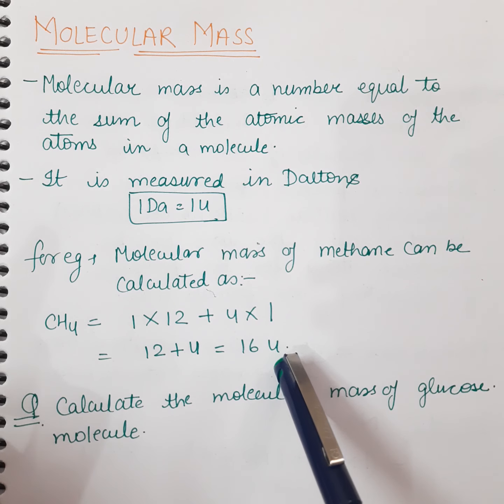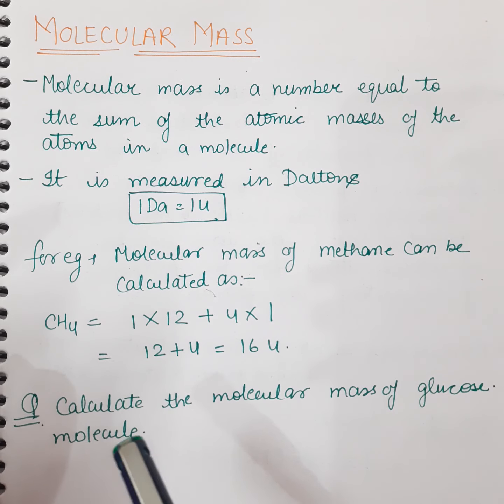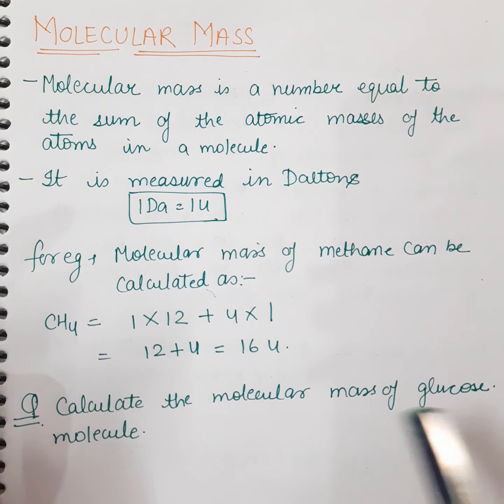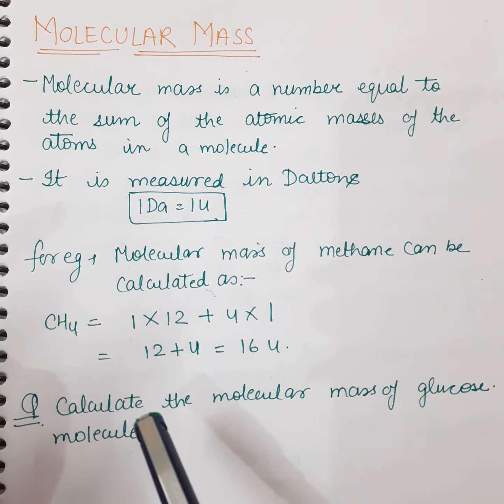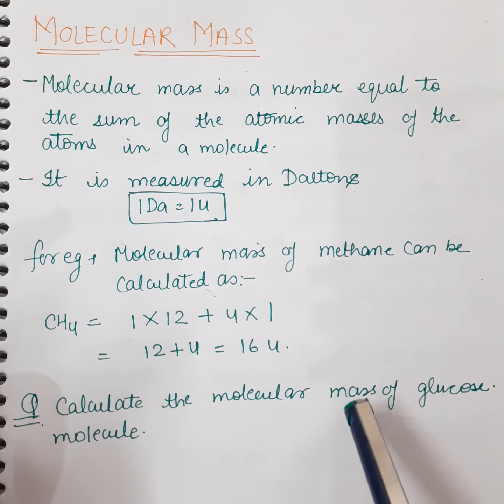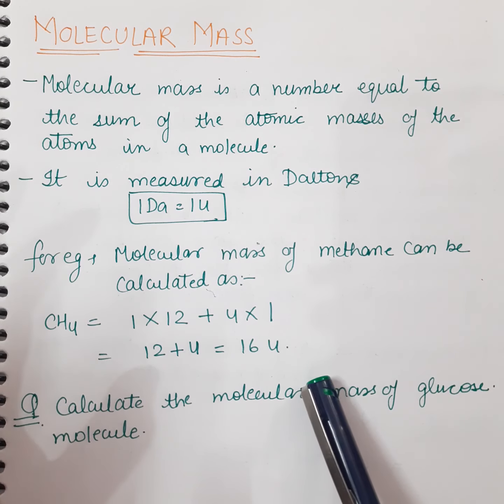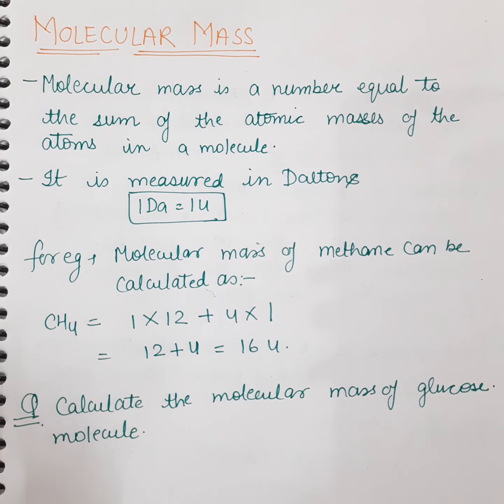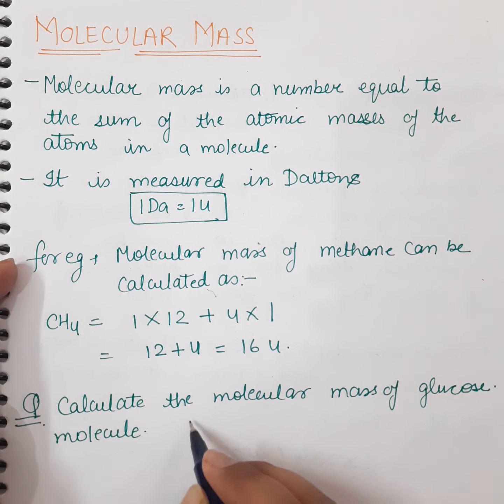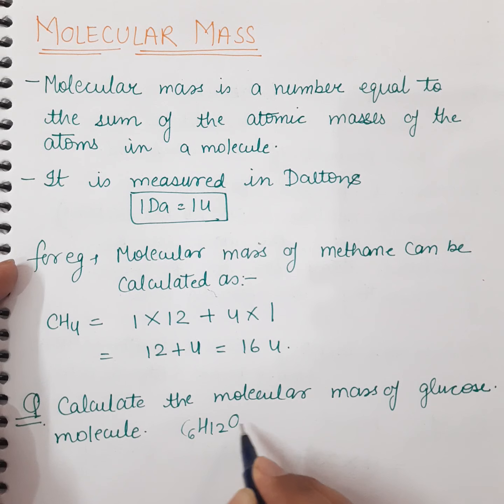U. Now the next question says to calculate the molecular mass of a glucose molecule. For calculating the molecular mass of glucose, you know the formula of glucose, that is C6H12O6. So I'm going to write it here, C6H12O6.